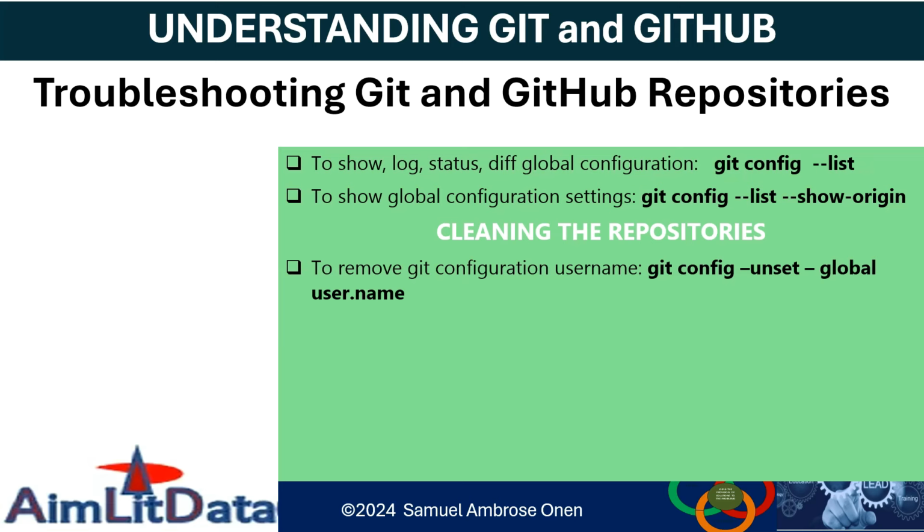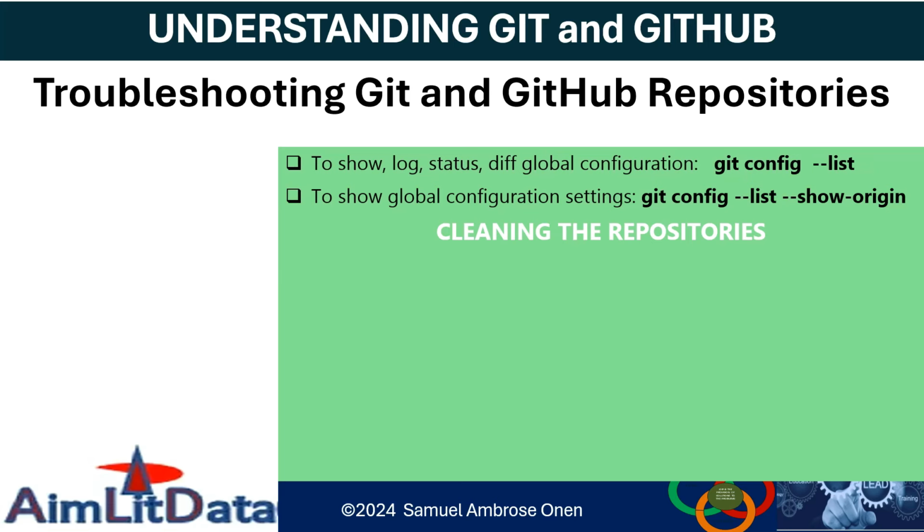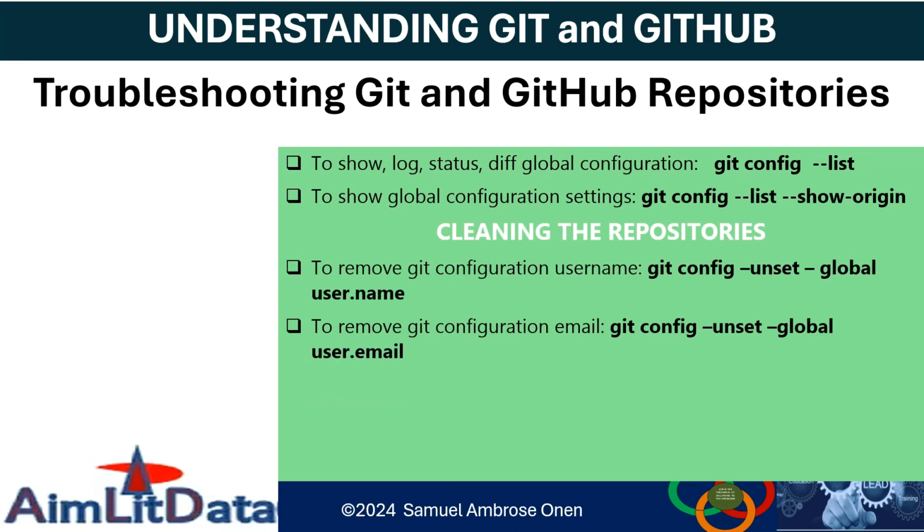It's like we're going to remove the name that was set to identify the person who has been using this Git from this machine, as well as the email. We are also going to take the email out.